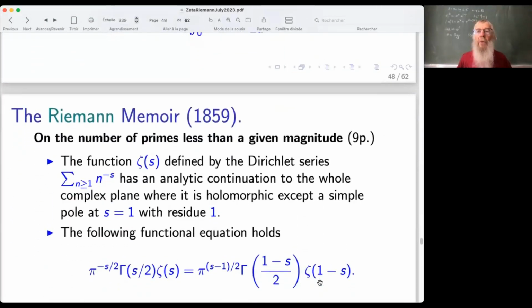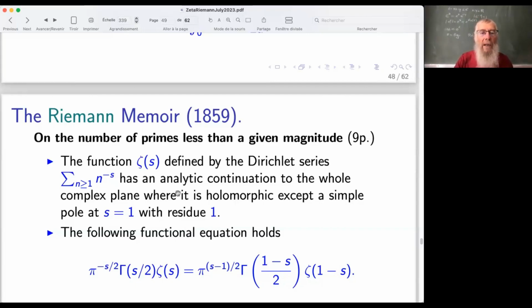I would like to look at the Riemann memoir, which is just 9 pages, which is in German, and it is translated in many languages, including in English. And the title in English is On the Number of Primes Less Than a Given Magnitude. So this is what we call pi of x, the number of primes less than x.